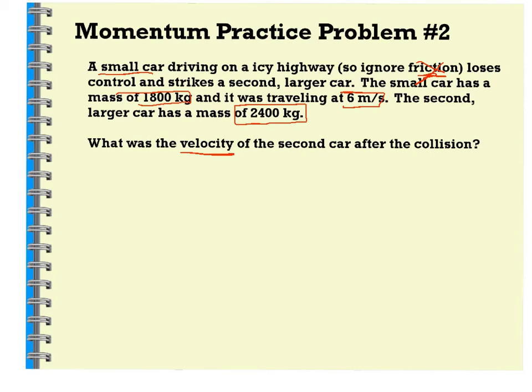Let's take our equation from when we talked about conservation. So P before is equal to P after, and let's expand that a little bit, knowing that P is equal to mass times velocity. We can say mass before times velocity before is equal to the mass after multiplied by the velocity after.